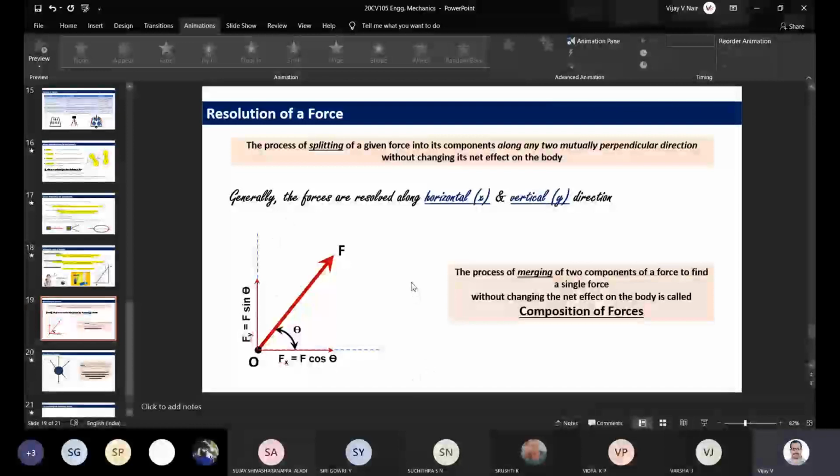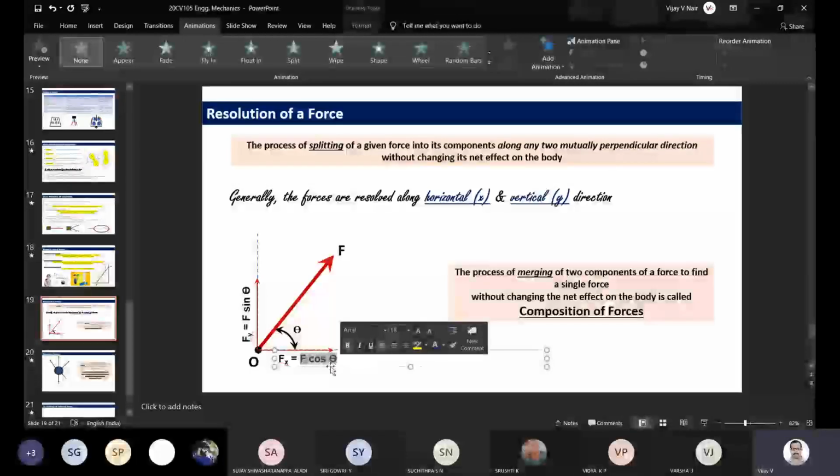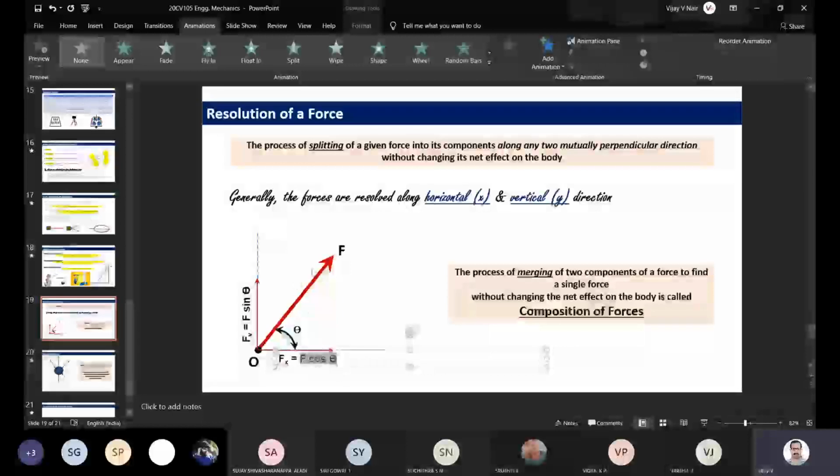From your basic knowledge of trigonometry, you know that the side adjacent to the angle you know is the cosine component. So the magnitude of the force along the adjacent side is F cos theta, where theta is the angle between the force and the axis.